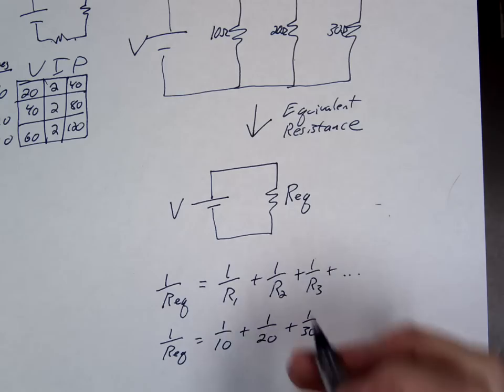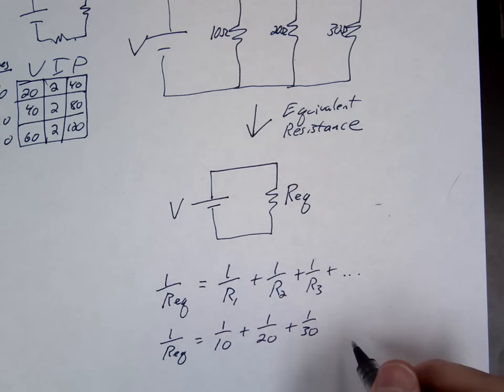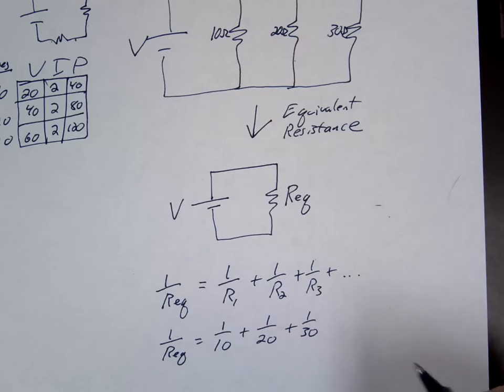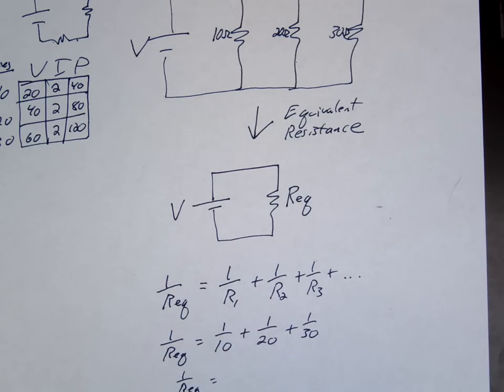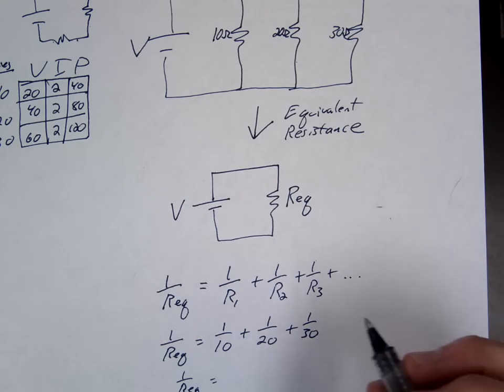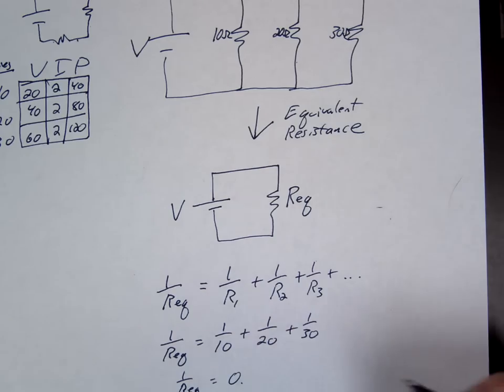So my recommendation is add up all these: 1 over 10 plus 1 over 20 plus 1 over 30. Get yourself a number. It's going to be some small decimal type number, like 0.183.